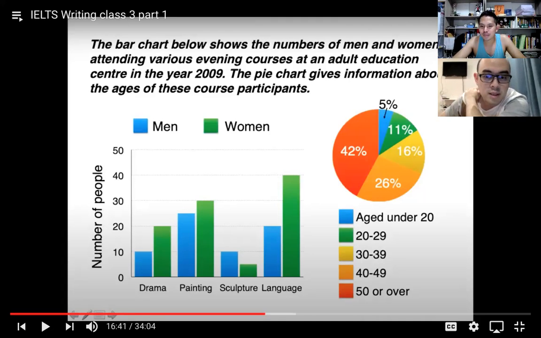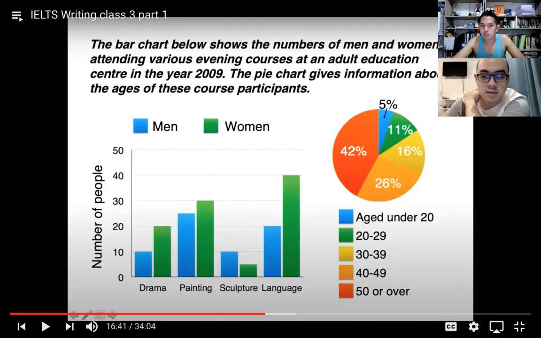According to the pie chart, the highest age group of students were adults aged over 50, around 42%.